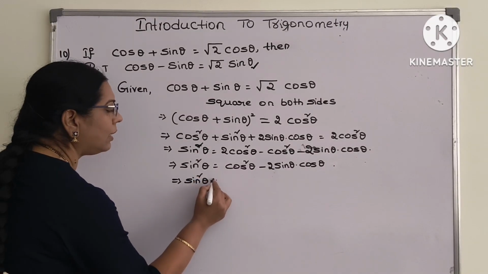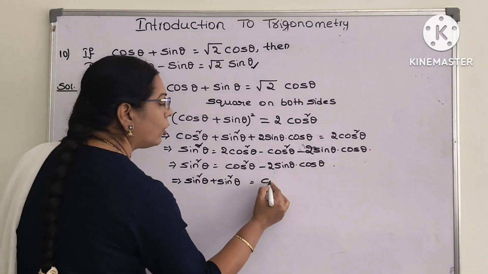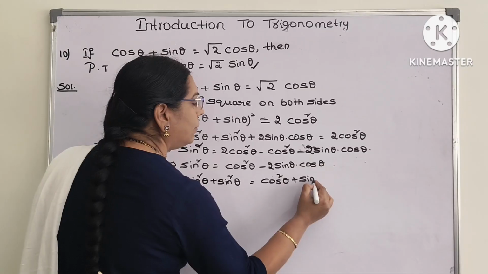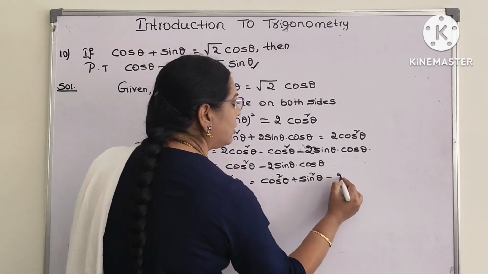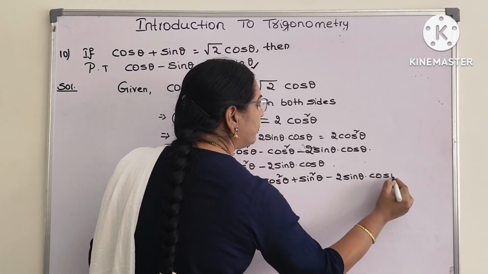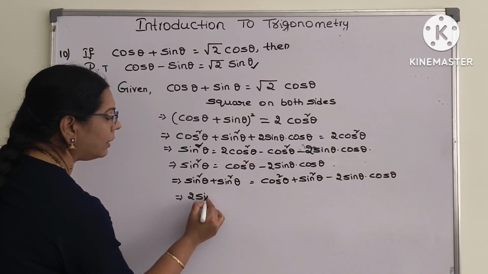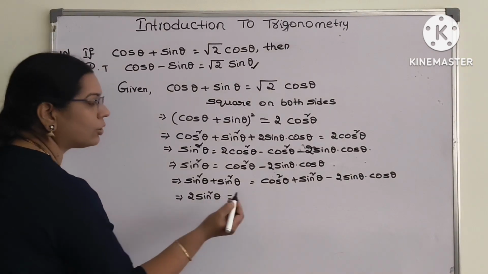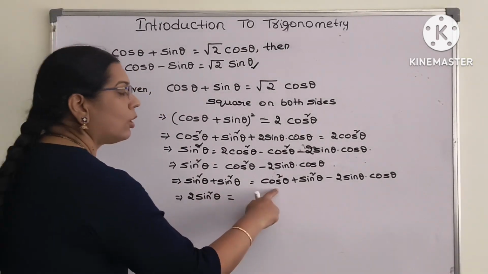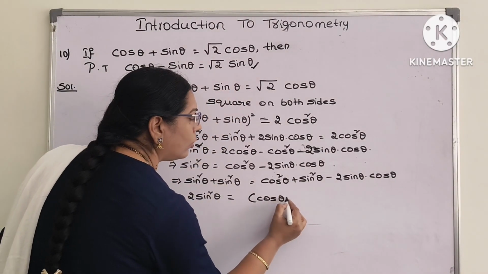So sin square theta plus sin square theta is equal to cos square theta plus sin square theta minus 2 sin theta into cos theta, which is equal to 2 sin square theta is equal to, now we have cos first and sin second, so I will rewrite this as cos minus sin whole square.